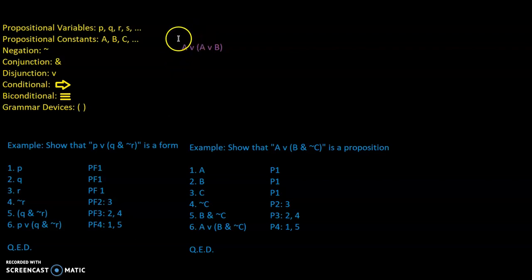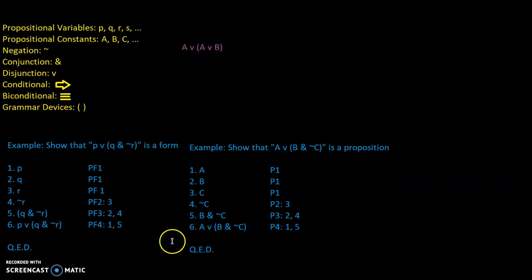The propositional constant type C is not in this proposition, nor is the propositional constant D or E or F. Only the propositional constant types A and B are in this. But the propositional constant type A appears twice, right? So you have the leftmost one, then you have the second one, then you have maybe the third, the fourth, the fifth. We name them from left to right, by convention. There's only one token of the propositional constant type B in this proposition.